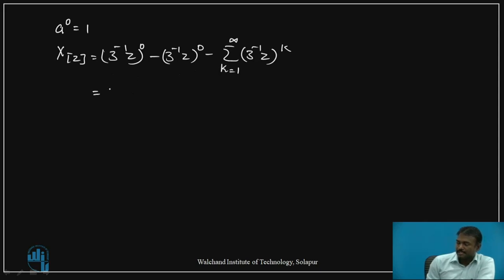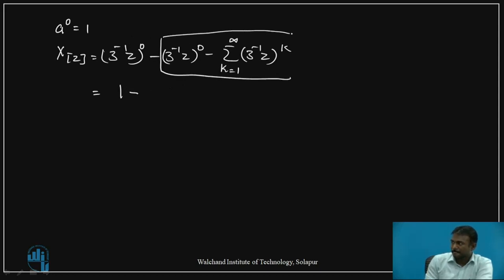We know that (3 inverse z) to the power 0 is equal to 1. So adding and subtracting 1 from this expression will not affect X(z) here. So this will be written as 1 minus, we are going to merge these two terms, so this will be written as summation k equal to 0 to infinity of (3 inverse z) to the power k here.